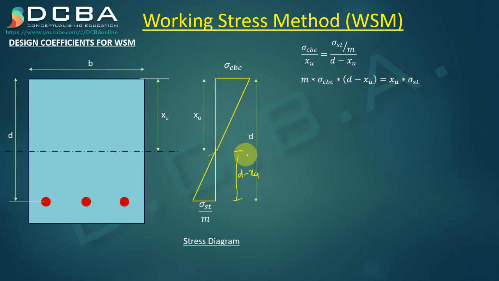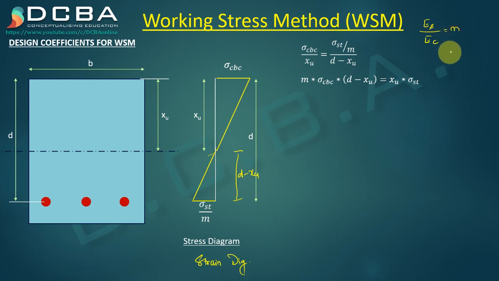By the way, this entire derivation can also be done using strain diagram, and I would in fact want you to do this entire derivation using strain diagram. I am using the stress diagram. You can use strain diagram also. Only thing you have to take into consideration in strain diagram is Es by Ec. You will have to take it as modular ratio.